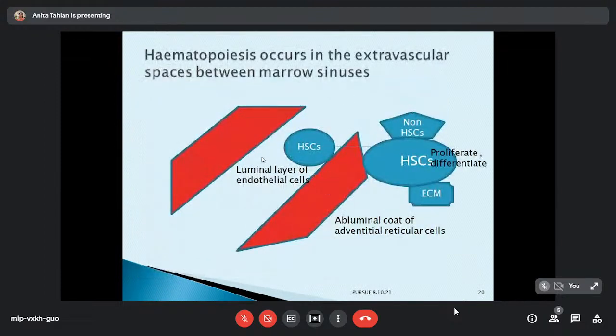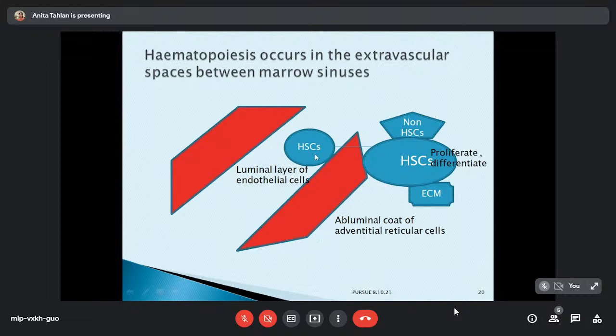The main hematopoiesis occurs when this is, let's suppose, an endothelial cell. This is the luminal side and this is the abluminal side. The abluminal side has a coat of adventitial reticular cells. The syncytial cells of the neuroreticular complex that I talked about are also here.